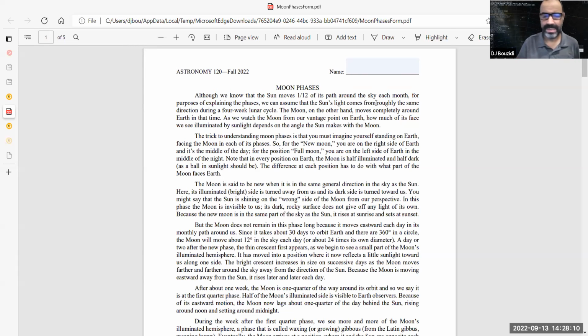Are you guys looking at this file in here with this shaded area next to the name? Yes, no? Are you looking at something that says Astronomy 120, Fall 2020, Moon Phases, and then the name in here that they can put stuff in, like my name, for example?